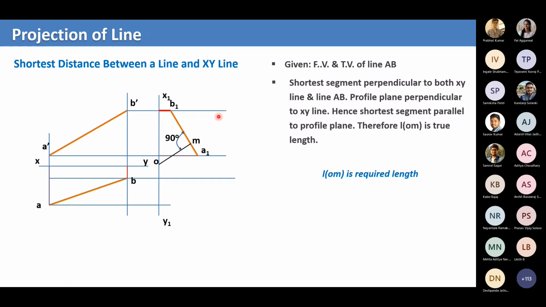When you see from one side of this line, you can see the whole XY line as a single point, isn't it? So from that point you can measure the line straight away. That is what we do here. We project the whole thing so that we convert this XY line into a point O.